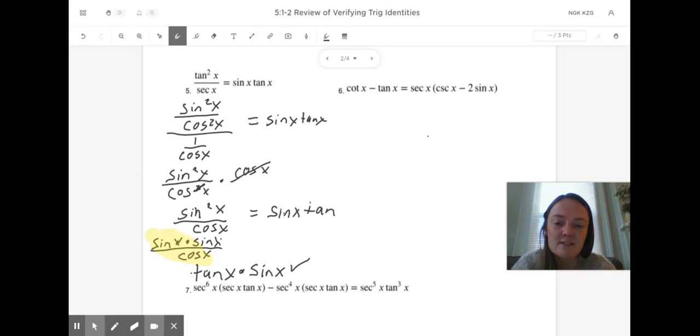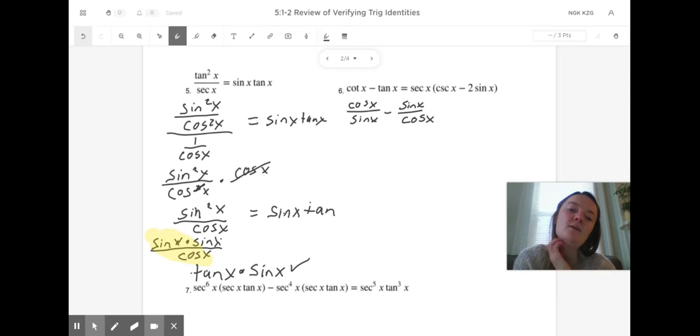If I write cotangent of x and tangent of x in terms of sines and cosines, I get cosine x over sine x minus sine x over cosine x. Sorry, I kept mixing those up. That's what I see here first, cotangent and tangent.